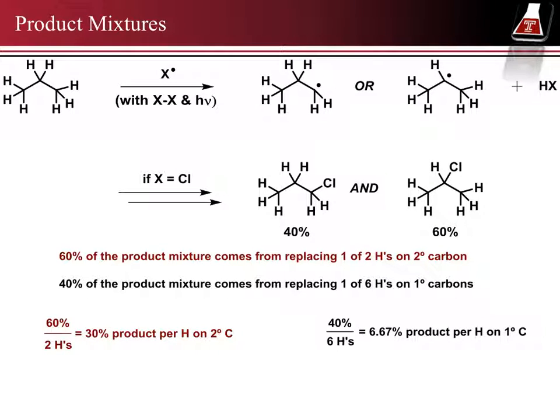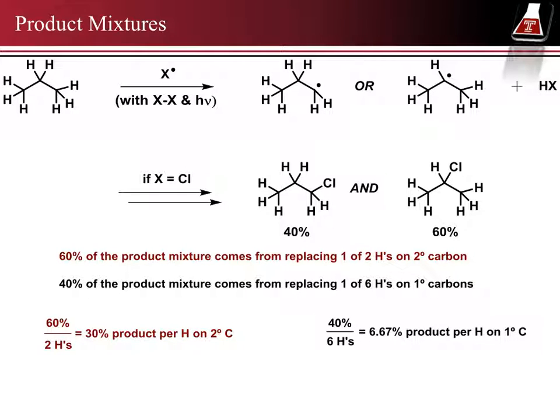So the 60% of the product came from 2 possible hydrogens on the secondary carbon. That means each one of those hydrogens can account for about 30% of the overall product. So 30% of the product per hydrogen on secondary carbon.